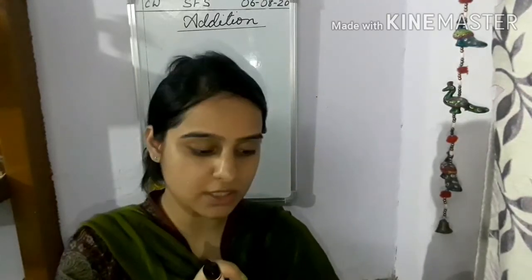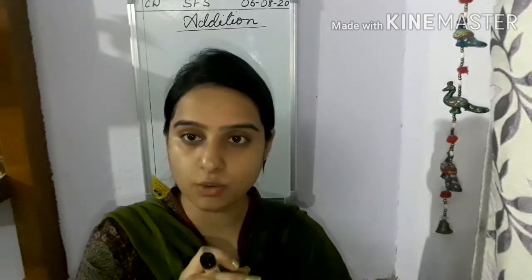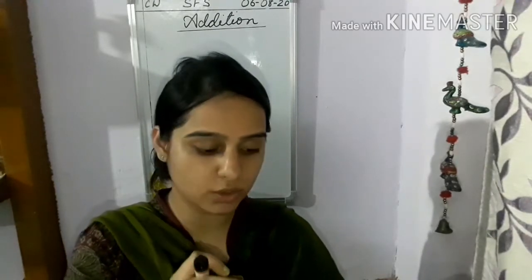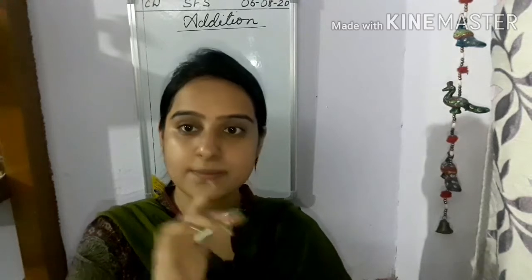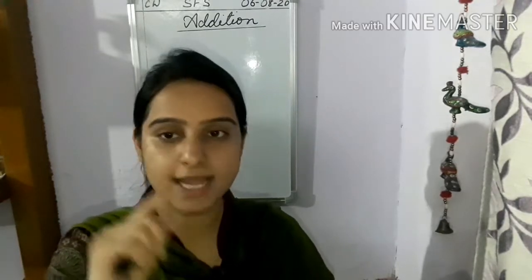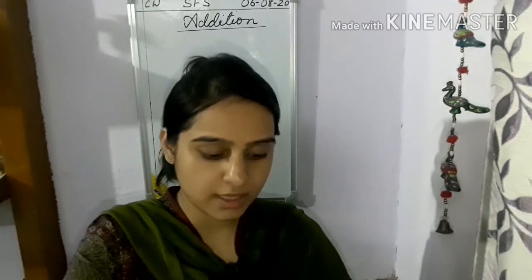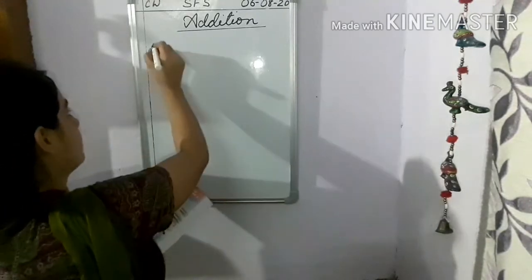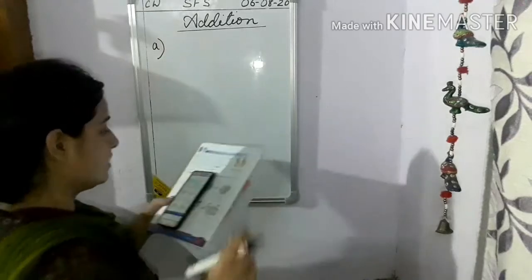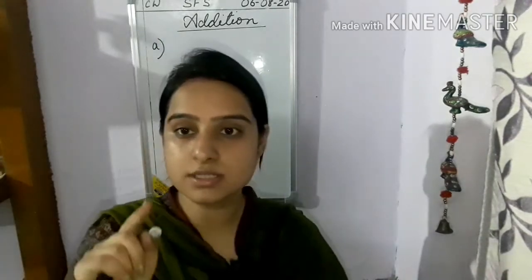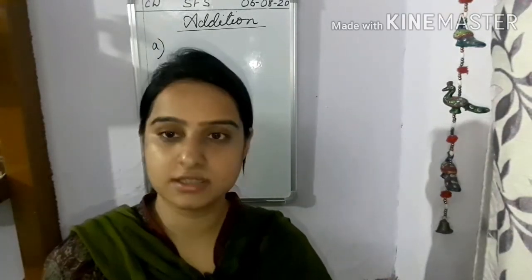So where you can see that some of the images are here. We have to count and we have to write the answer below that. Plus, we have to add both the sides and we have to get the total. So you first count in A. In first box, how many images are there, children?